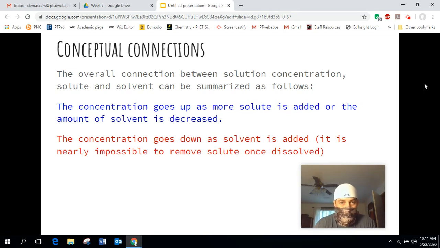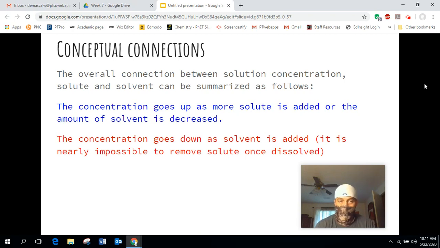Conceptually, how are these things related? Okay. So if we have a solution and we want to increase its concentration, we want to get more stuff dissolved, we can do that two ways. We can add more solute.